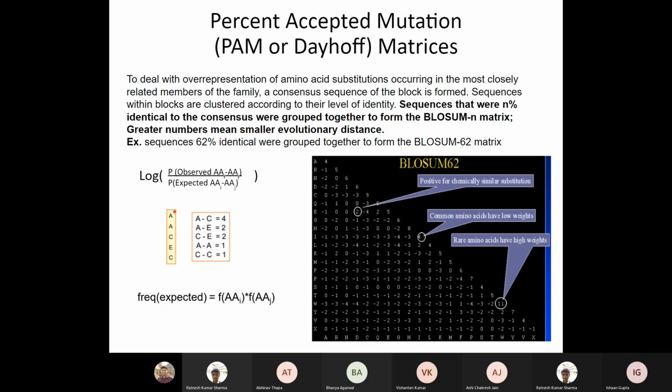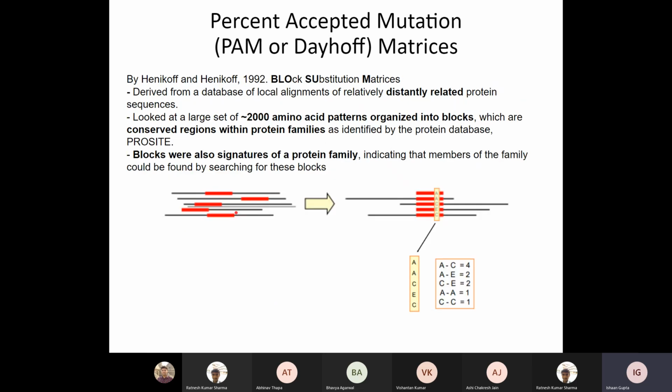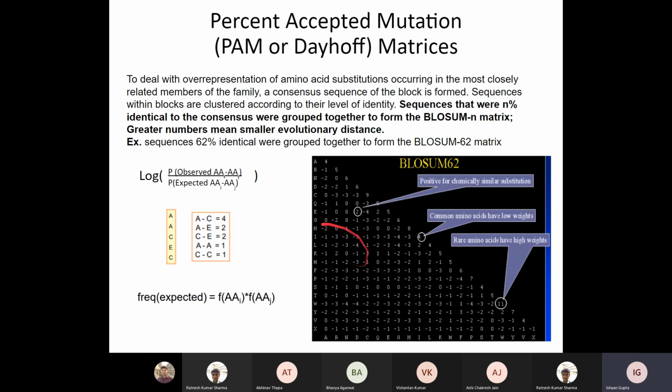You will calculate an average identity across all the columns, and corresponding to that average identity, you will come up with the appropriate BLOSUM matrix. So the choice of the proteins and the block or domain chosen is going to give you the kind of matrix that you want.